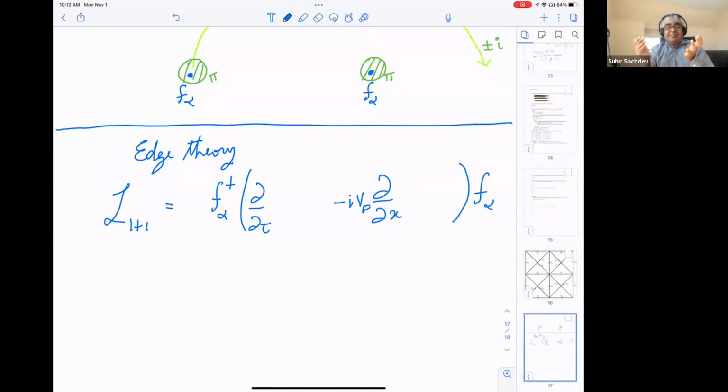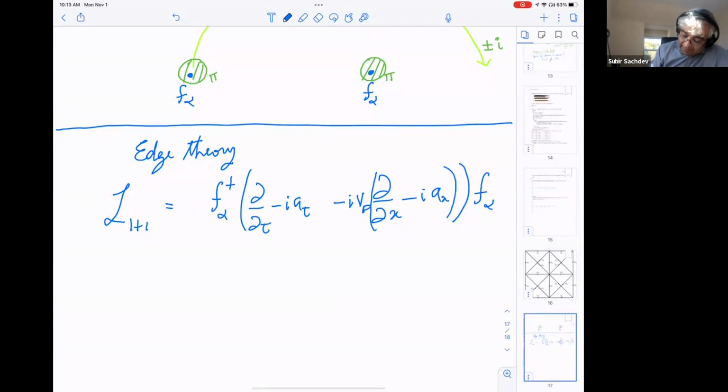So the gauge field must also couple to these edge states that we found when diagonalizing the band structure of the partons. So how does it couple? Well, it's easy to figure that out, just by gauge invariance. So it'll be minus i A_tau minus i v_x minus i A_x. The A_y won't matter because they're not moving in the y direction.